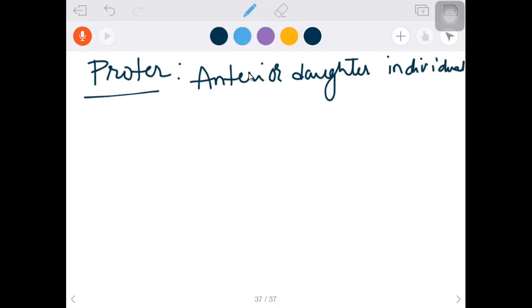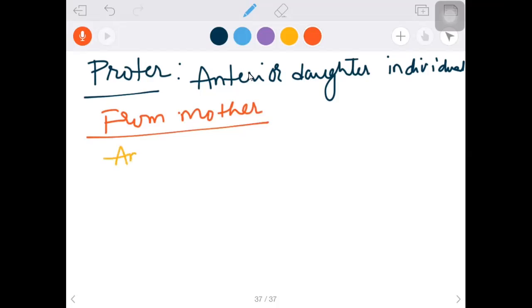Now we should talk about what proter obtained from the mother. From the mother, what did it obtain? We need to talk about that. From the mother, it obtained the anterior contractile vacuole.